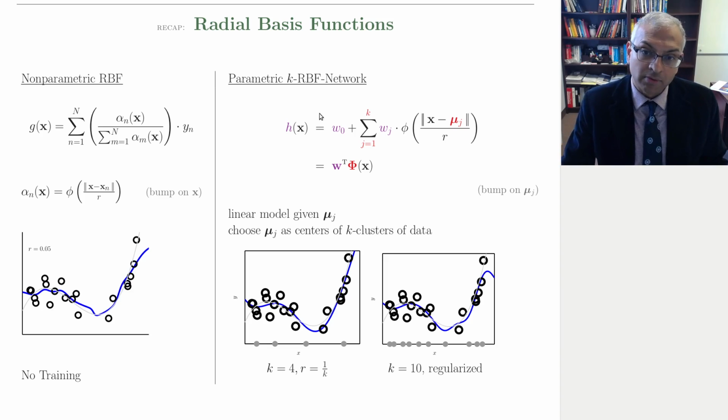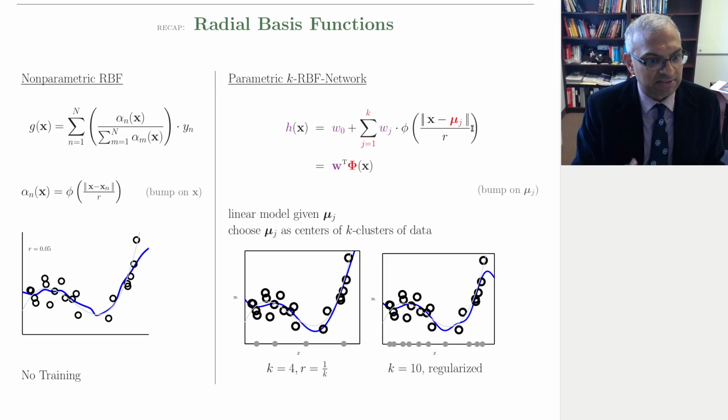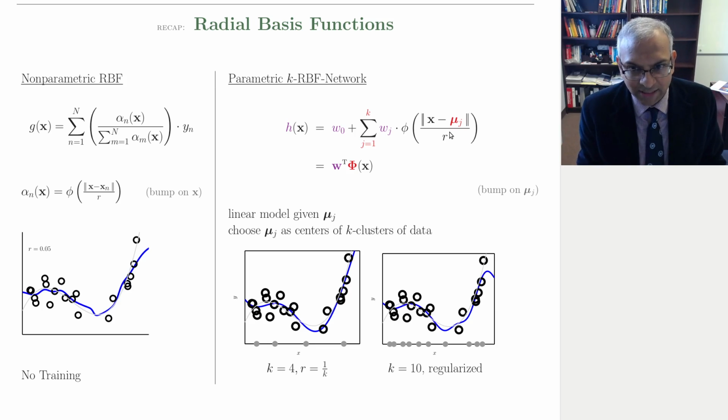Okay, and when we were done with all the math, we find that the hypothesis is a linear model, okay, with tunable features, where the tunable features come from being able to tune where we place the K bumps, the centers. Okay. And we talked about a simple method for picking those centers, which is this Lloyd's algorithm, pick the centers far apart from each other so they represent the data. And then we indeed do have a linear model with the centers picked according to the clusters in the data.